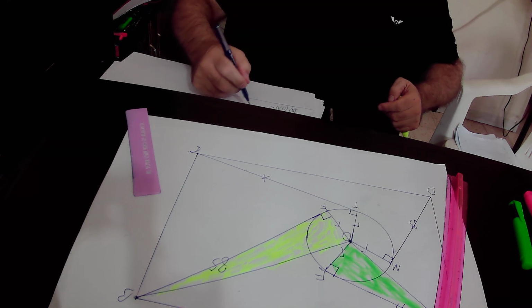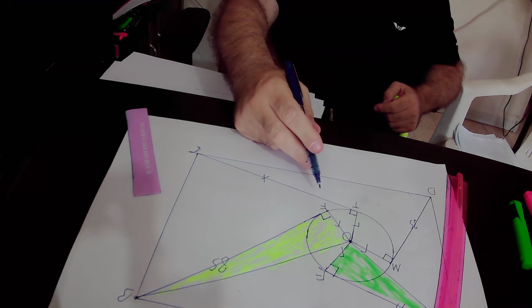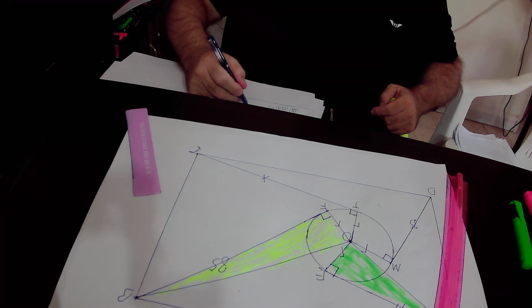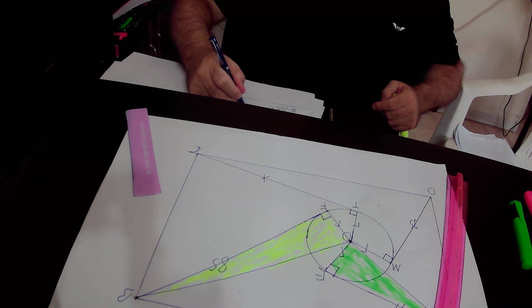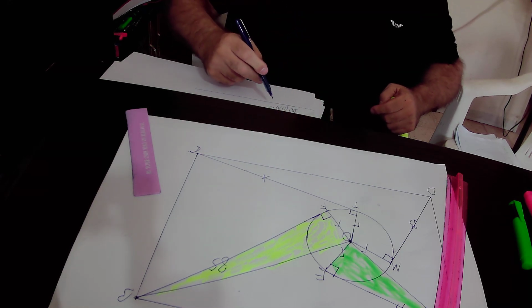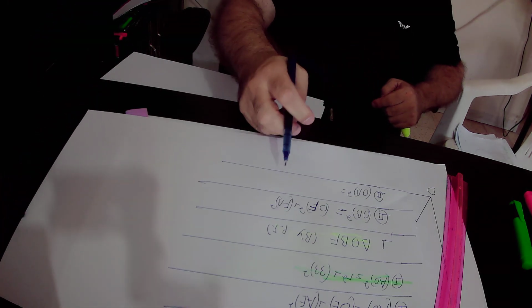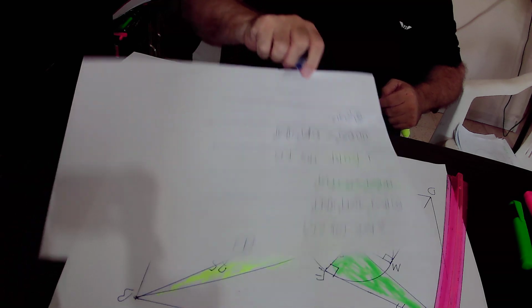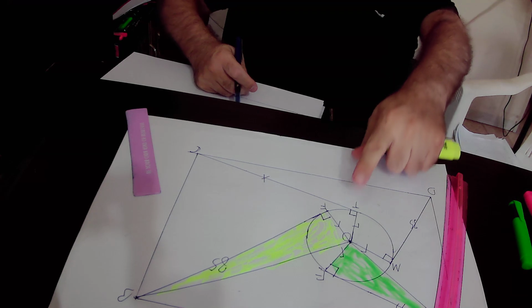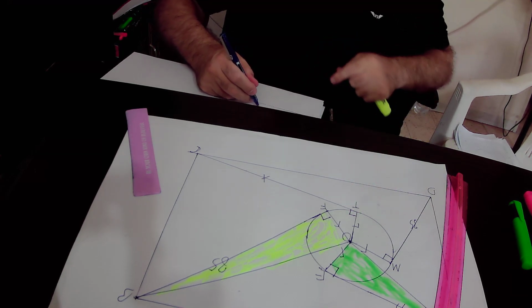So OB square equals OF square plus FB square. OF equals R, therefore OF square is R square.